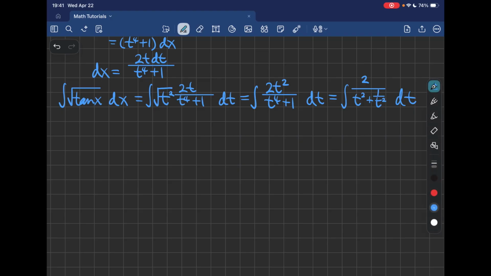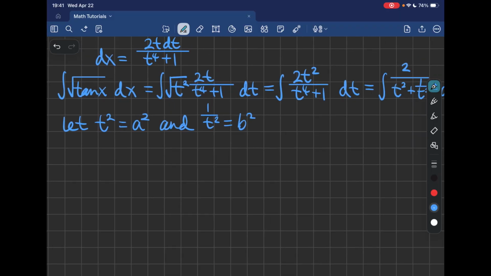A good way is to observe what the denominator can bring us. The denominator, t squared plus 1 over t squared, is kind of like a squared plus b squared, because both of them are something of t squared. So if we let t squared equal a squared and 1 over t squared equal b squared, we'll set that first.